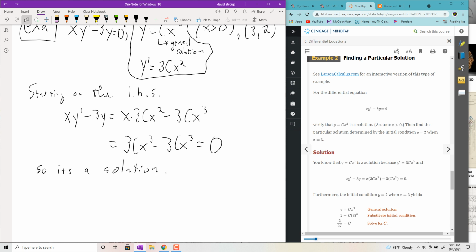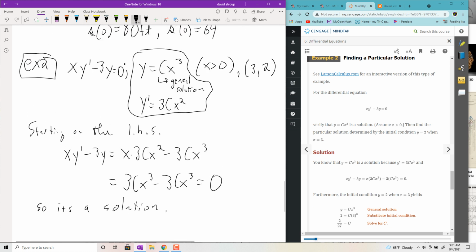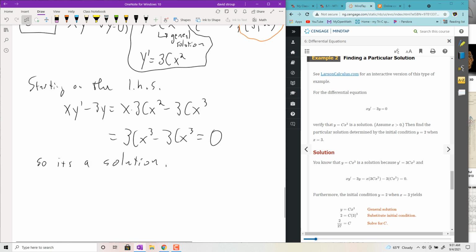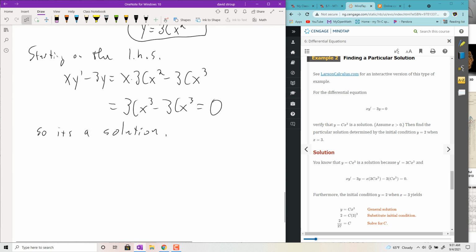Okay. Now we want to get a particular solution given this initial condition, which they've thrown in our lap here. Okay. So again, my general solution, y equals cx cubed, and then my initial condition 3, 2. It's pretty easy.